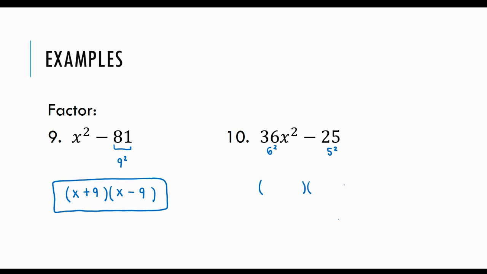So when I do my factoring, I know that it's not just going to be an x and an x, but it's going to be a 6x and a 6x because that multiplies back to getting me that 36x squared. Because it is subtraction, I know that I have to have one of them positive and one of them negative. And then because 25 is 5 squared, we'll have a positive 5 and a negative 5. And there is my final factored answer.